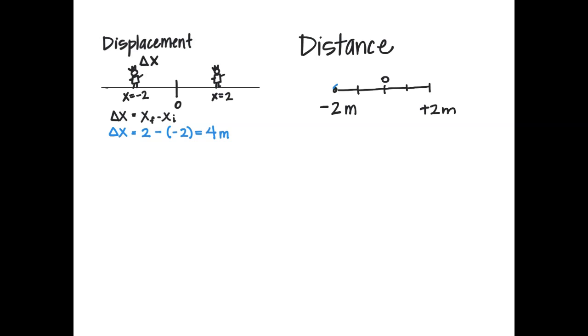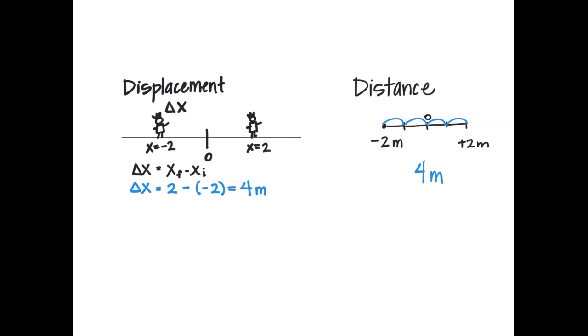So if we count the meters traveled, we have 1, 2, 3, 4 meters total distance. So our displacement is 4 meters and the distance is 4 meters.